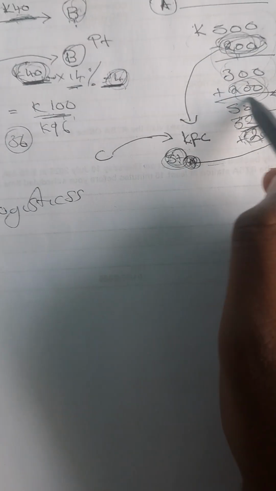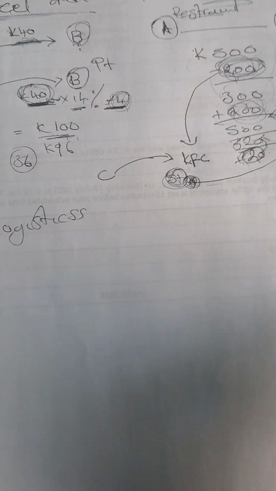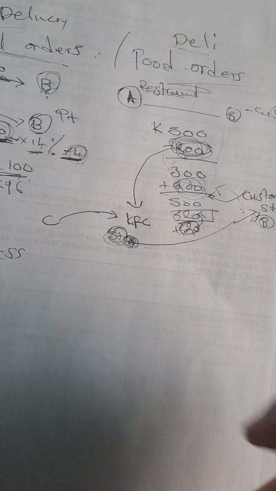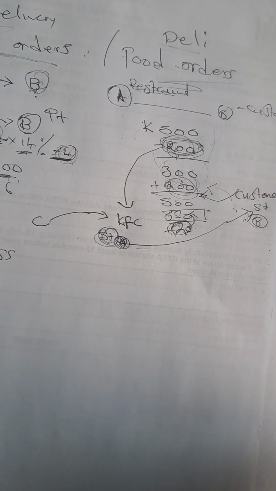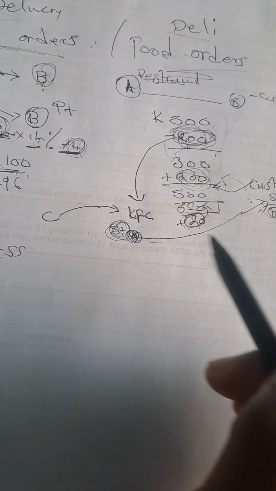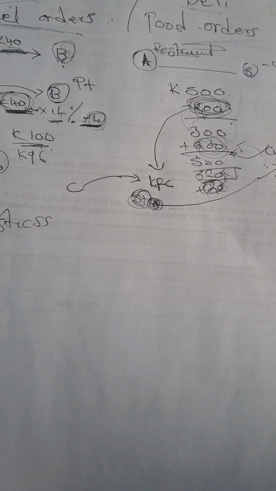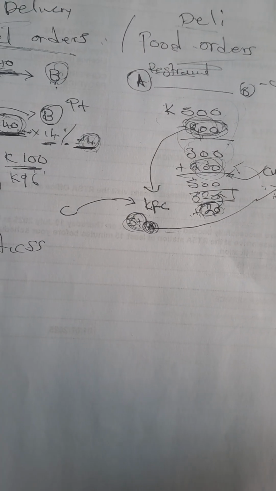Remember that this 200, you have to top it back up yourself, because the customer will give it to you in cash. So you deposit it in your mobile money and you top up in your float. So it goes back to 500, all right? And plus the 20, you get 520. So that's how you earn with daily orders, food orders.